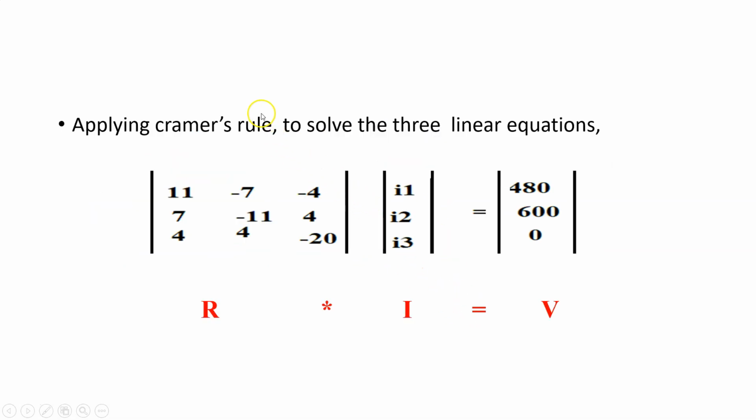Now applying Cramer's rule. Here the first equation is 11I1 minus 7I2 minus 4I3. These coefficients I have written here. This is the first equation and the right side will be your voltage term of the first equation. So R into I equal to V. The second row is your second equation, the third row is your third equation.